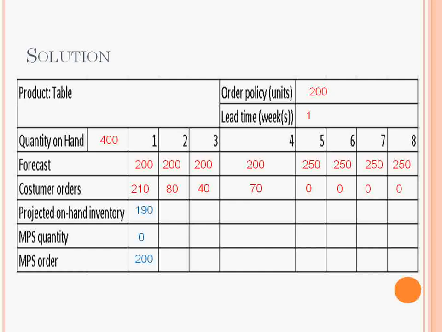So, before we sell anything, we have 190 plus 200, which is 390. After we sell 200, our projected inventory will be 390 minus 200, that makes 190.